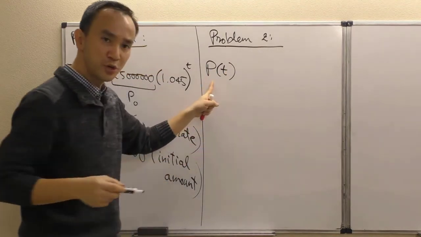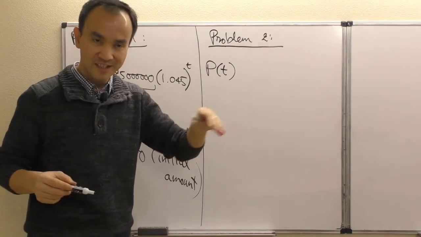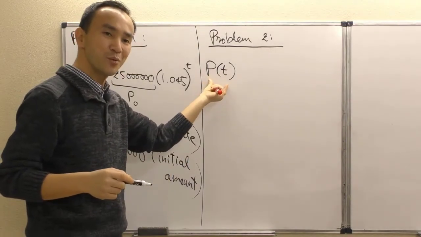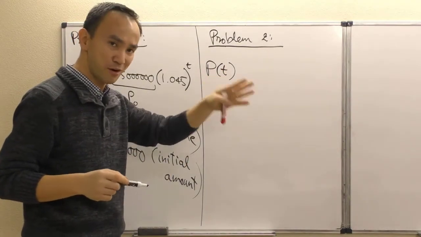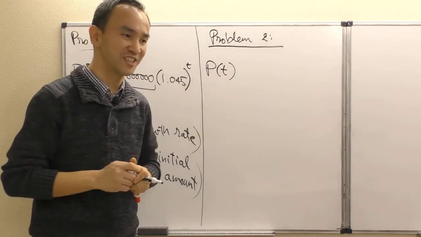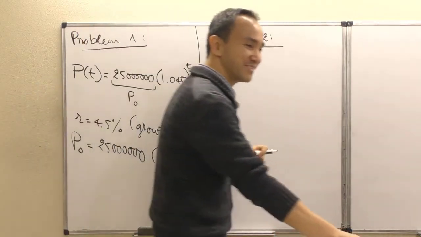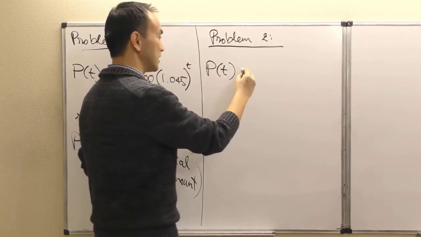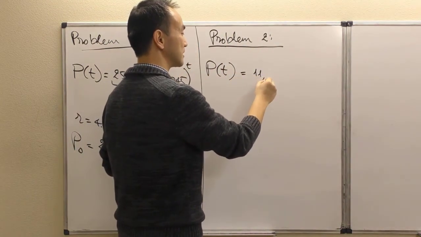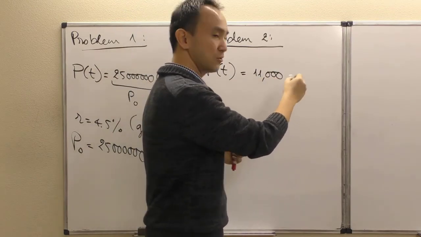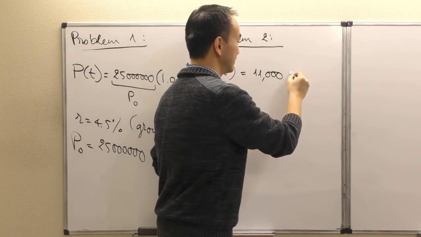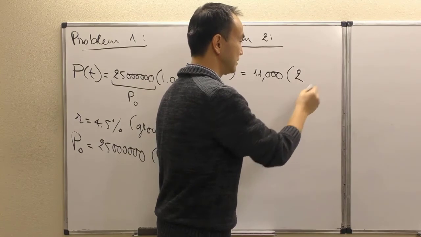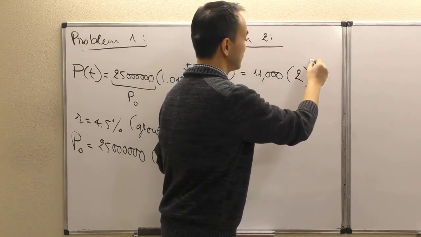I also used P of t to indicate the quantity, the population, because in problem number 2 we study the population of bacteria. So it was 11,000 multiplied by 2 to the t.